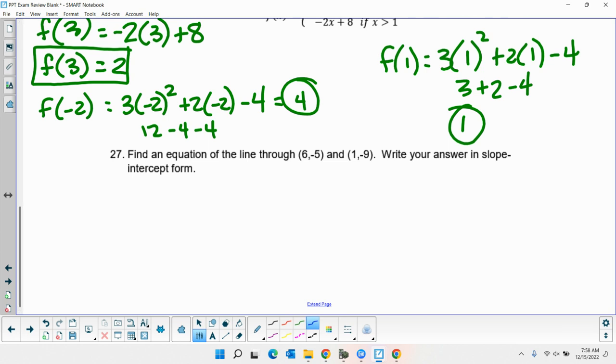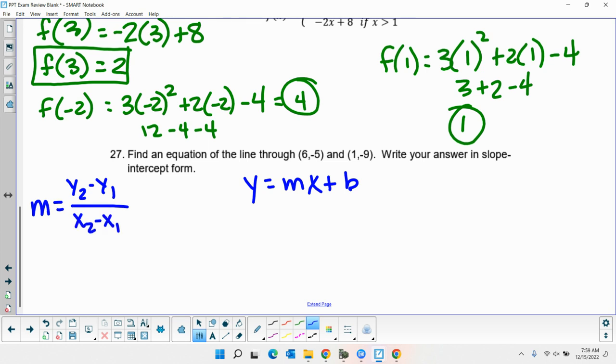All right. For this one, equation of a line, slope-intercept form, that's y equals mx plus b, right? So m's my slope, and the way to find the slope is y2 minus y1 over x2 minus x1. So you might want to put that little formula on your card, right?